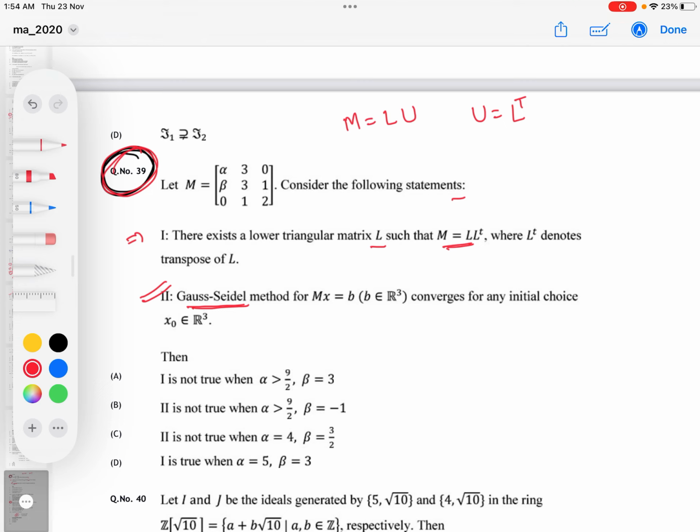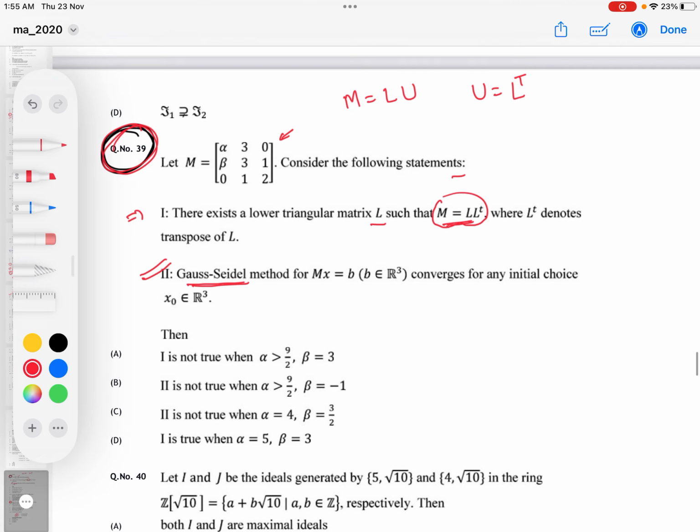So we will have to check whether this kind of relation holds for this matrix or not. How we can check is, first we find the lower triangular matrix L, take the transpose, then multiply, and if we get back this M, then statement 1 will be correct.